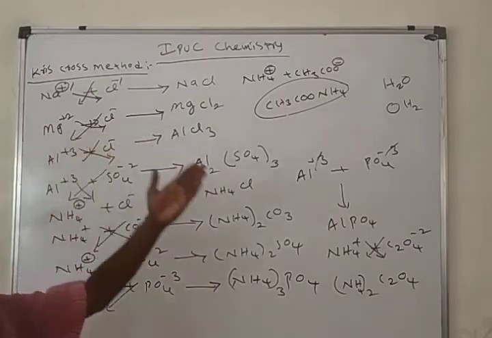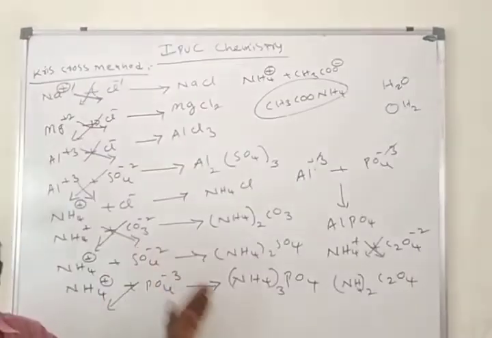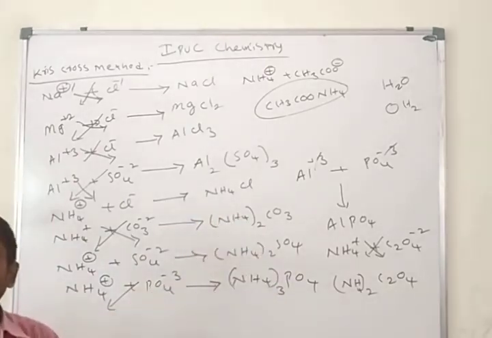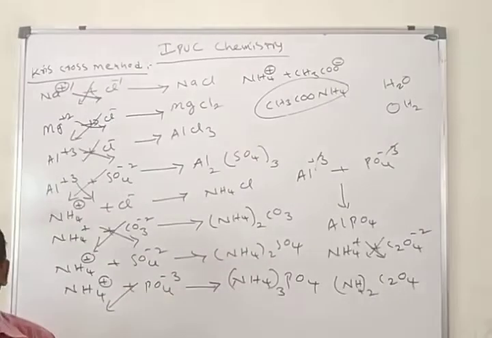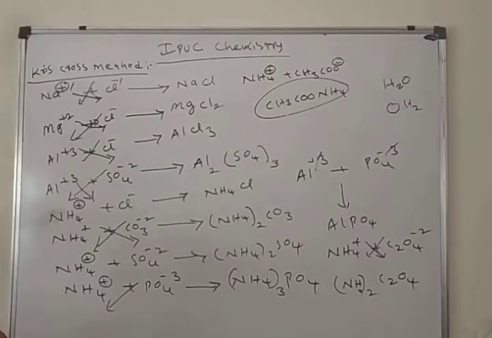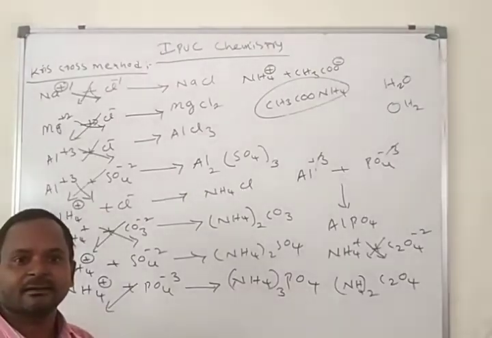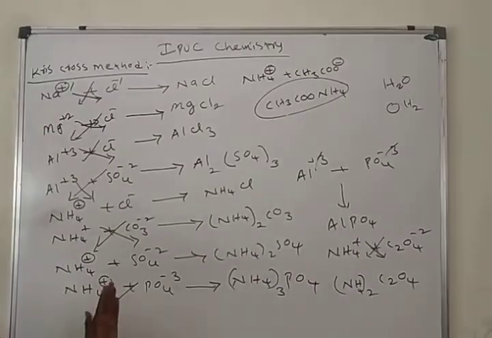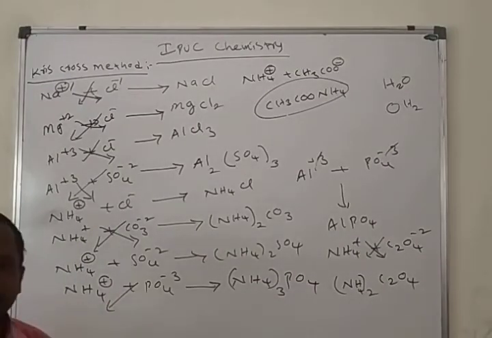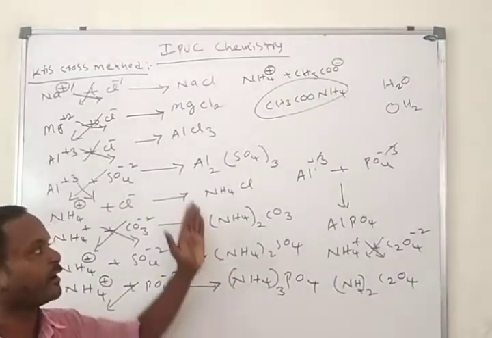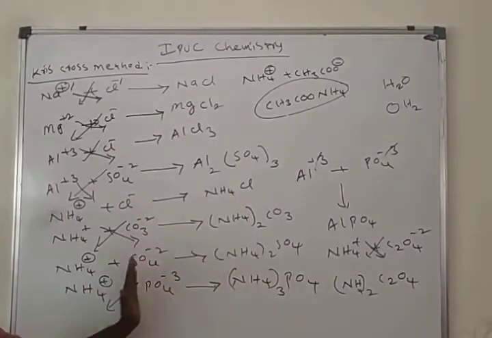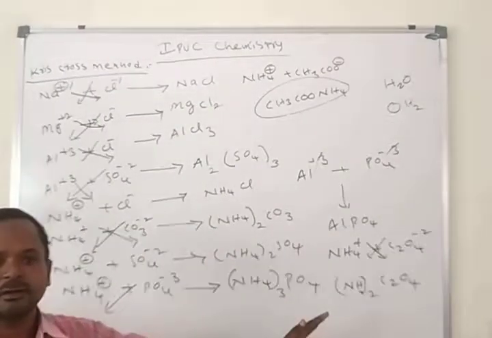Okay, I gave so many examples. You write all those. When you are writing the formulas, you should write positive first, then negative. According to the IUPAC system, we should write the positive, then negative.